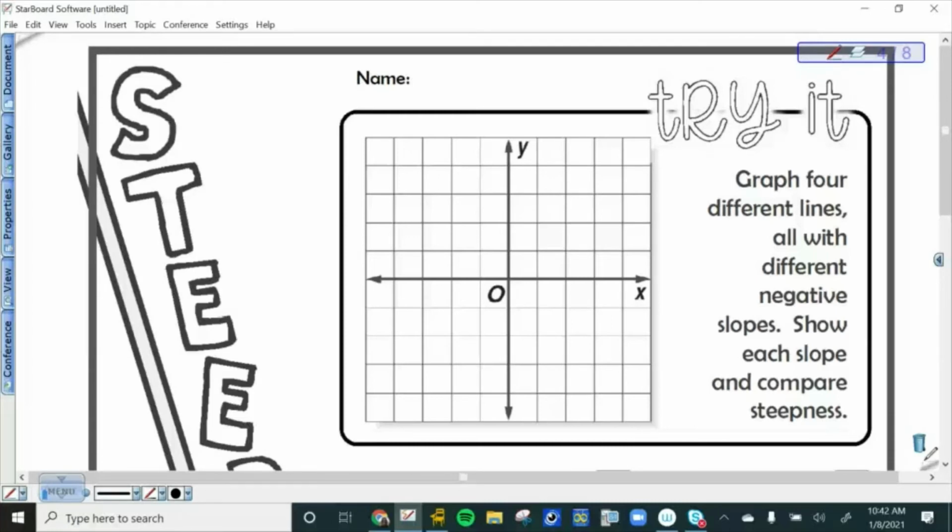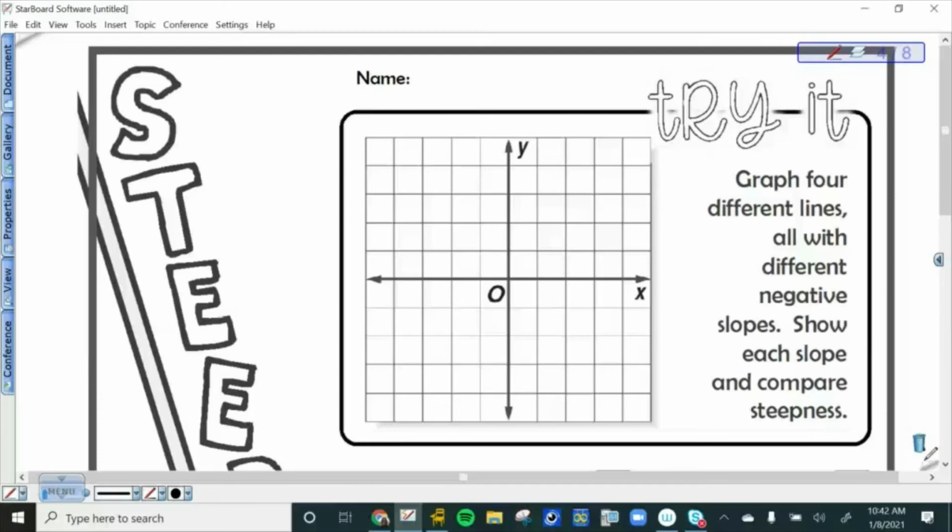If you're looking at it from left to right, like you're reading a book, the line needs to go down. Yep.